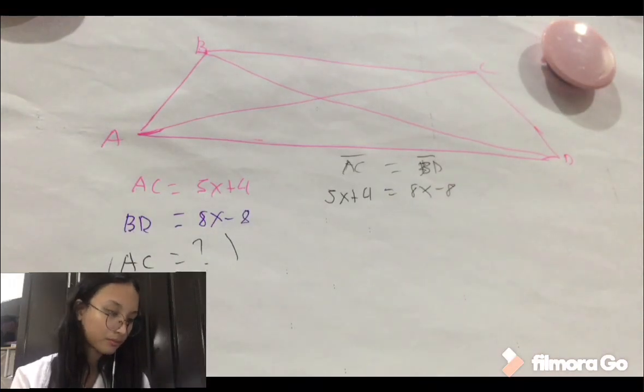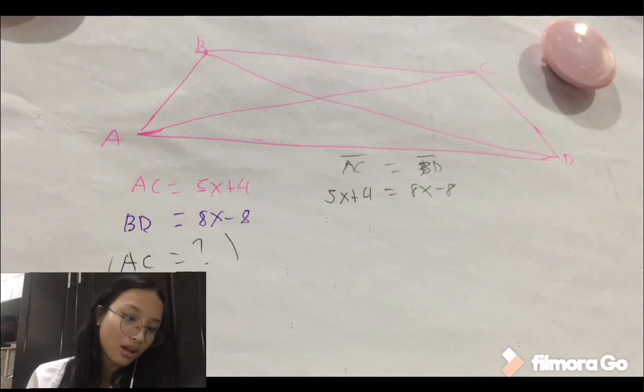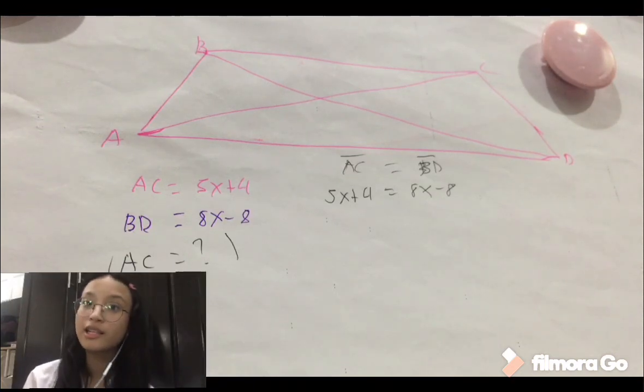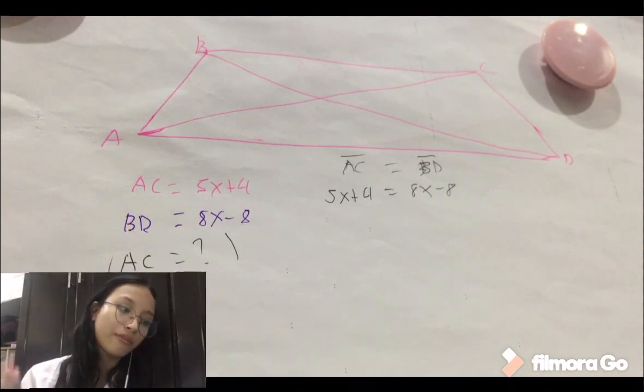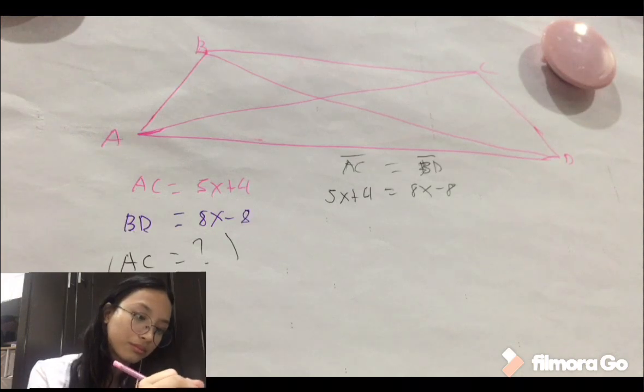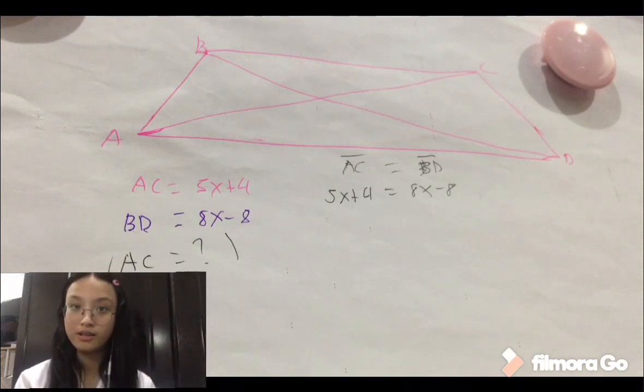Now at this point it just becomes an algebra problem. Let's subtract 5 and 8 from both sides.